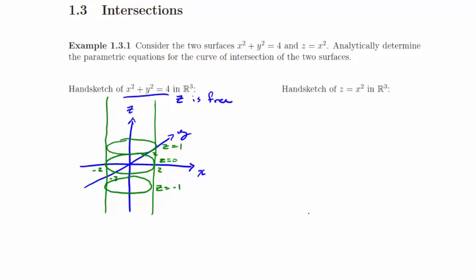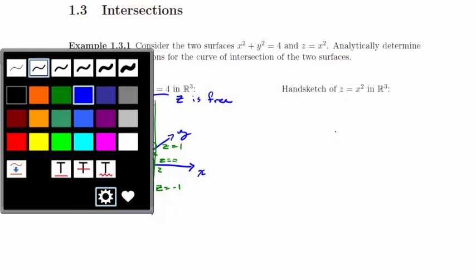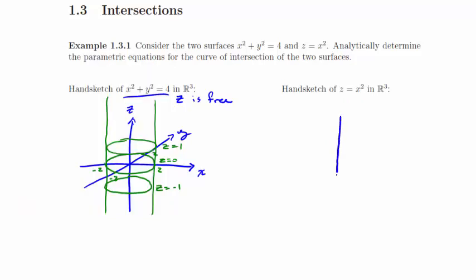Great. So if we want to do the same kind of thing for z equals x squared, then I recognize, okay, I'm going to get a parabola.